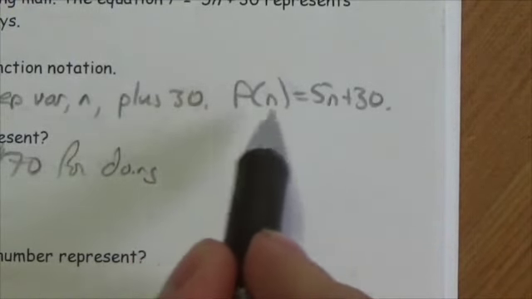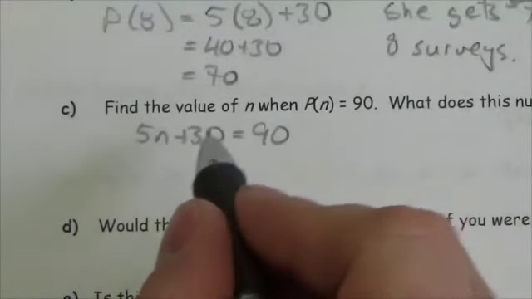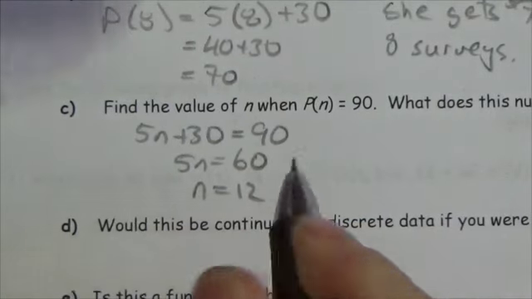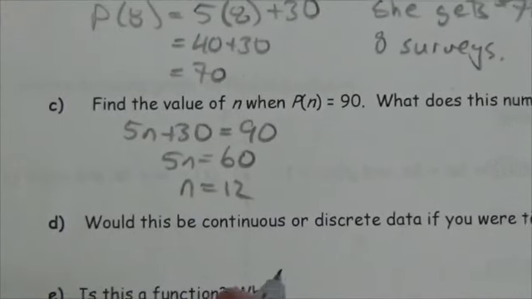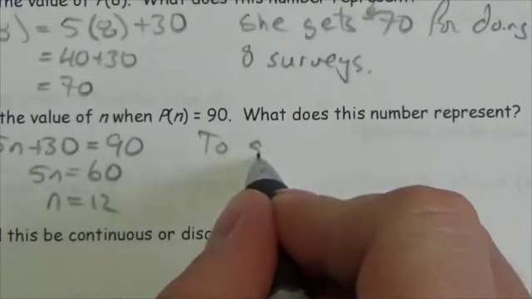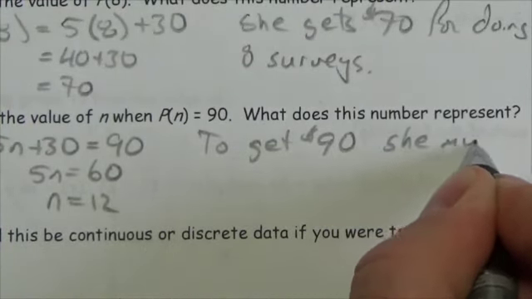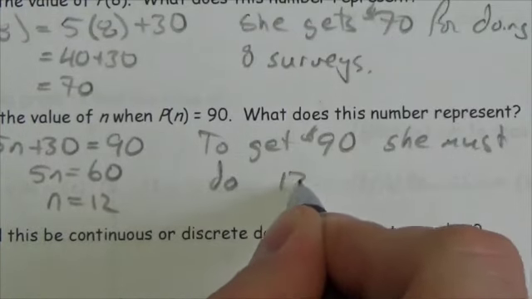And now what I'm doing is I'm saying that this part right here is 90. We're going to solve for n. I'm going to subtract 30 from both sides, and that's going to get me 60. So n is going to equal 12. So what does this mean? It means to get $90, she must do 12 surveys.